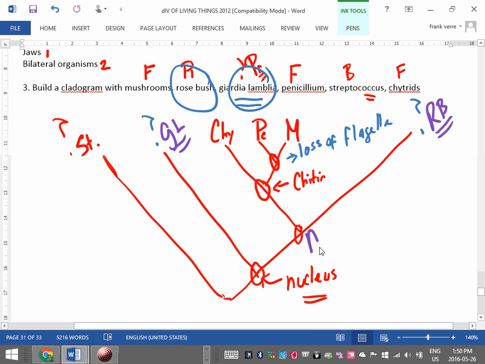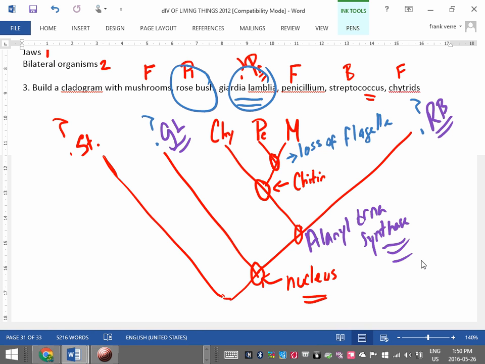Let's see if this jogs your memory. Does that jog your memory at all? No? If you recall, some of the genes from the mitochondria migrated into the nucleus.